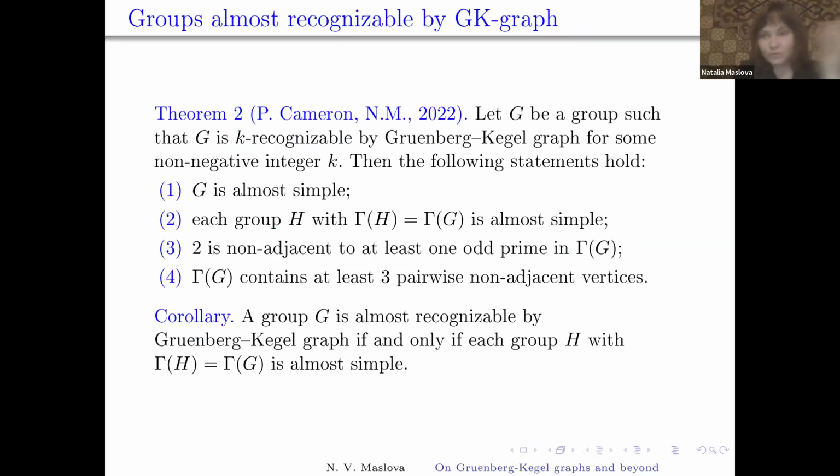The number 2 is non-adjacent to at least one odd prime in the graph, and the graph contains at least 3 pairwise non-adjacent vertices. As a corollary, a finite group is almost recognizable by Gruenberg-Kegel graph if and only if each group with the same Gruenberg-Kegel graph is almost simple.